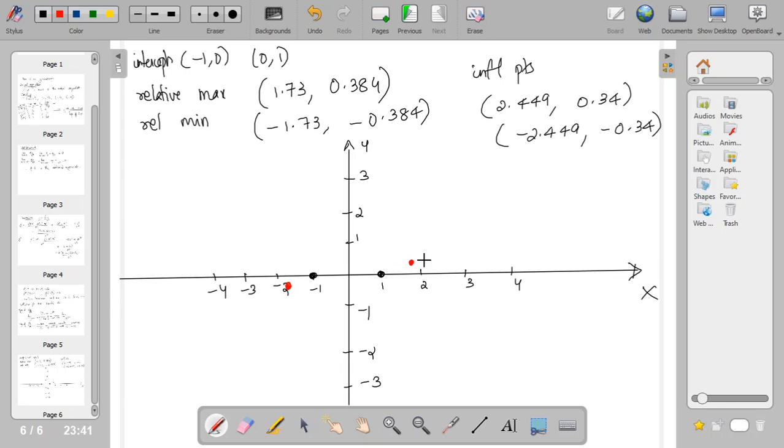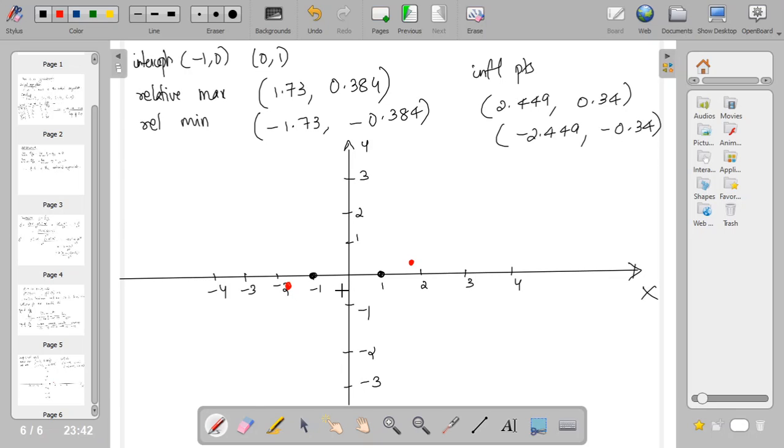So the same point we have here comes down here. With respect to the origin, they are symmetric. So this is the maximum point and this is the minimum point.